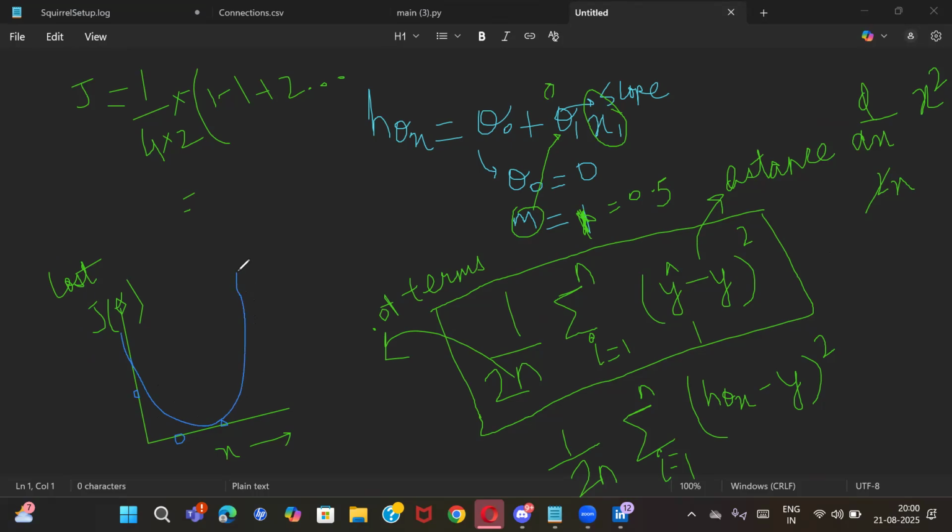You will get a parabola type curve. This is nothing but my gradient descent. This is gradient.